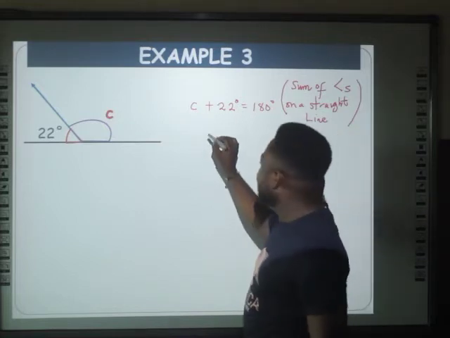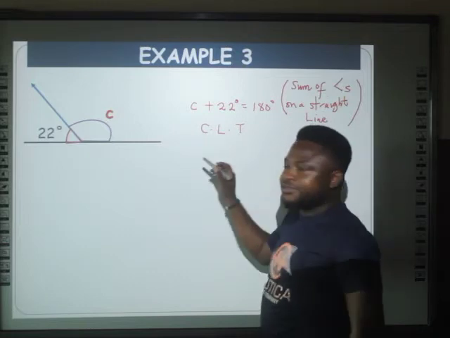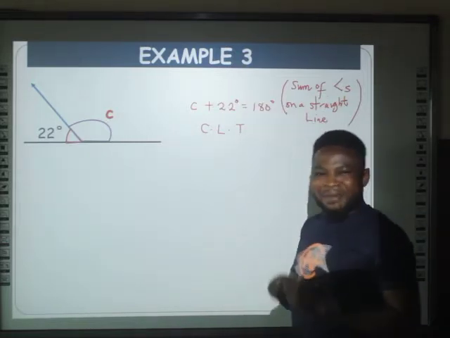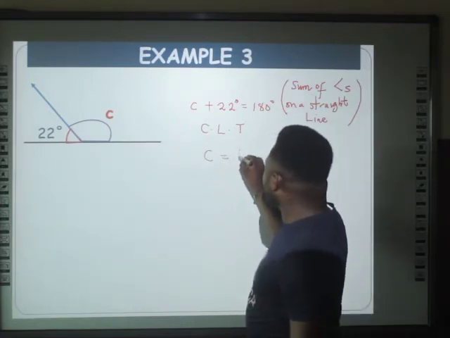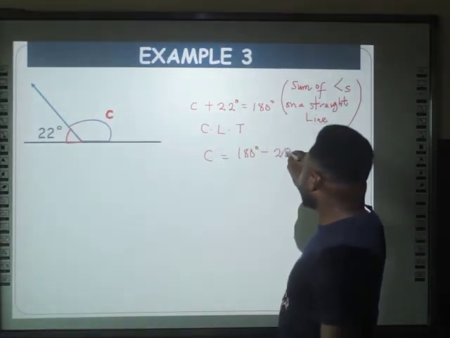So what next? CLT, collect like terms. So that means plus 22 will move to the right. That will give us minus 22. So that means we are going to have C equals to 180 degree minus 22 degree.